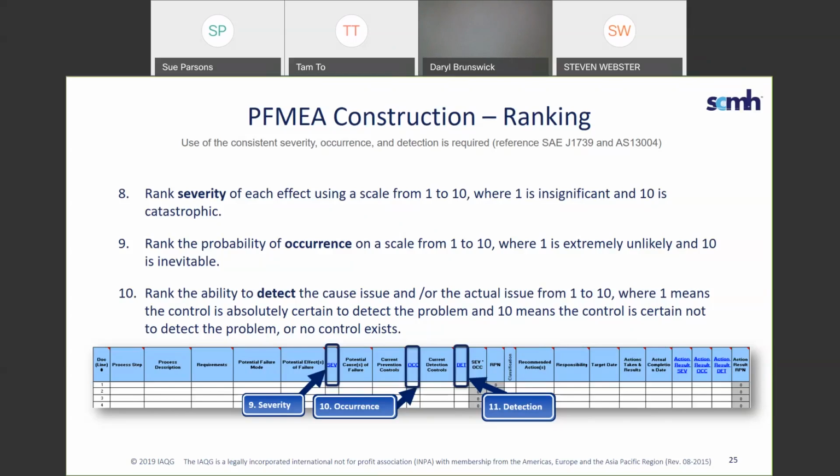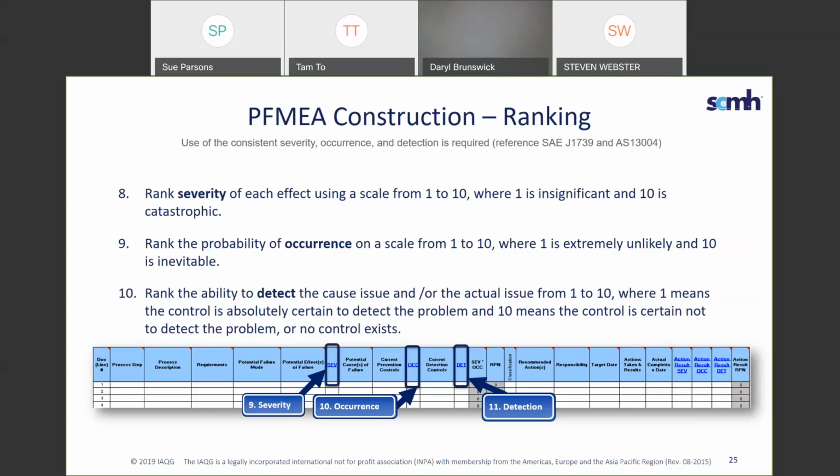And then you rank your occurrence from 1 to 10, where 1 is extremely unlikely and 10 is inevitable. Again, these are based upon a time scale, how often they occur: 1 out of every lot, 1 out of every month, 1 out of every week. If you can capture yield, you can capture PPM, it's related to those as well. So you rank them from 1 to 10.